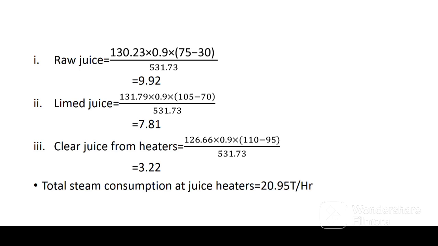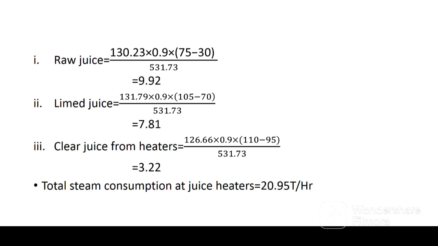To get the quantity of steam for clear juice, you take 126.66 times 0.9 times 15 over 531.73. This will give us 3.22. So the quantity of steam used to heat clear juice is 3.22.